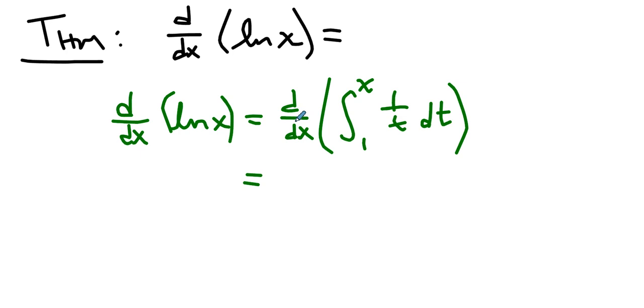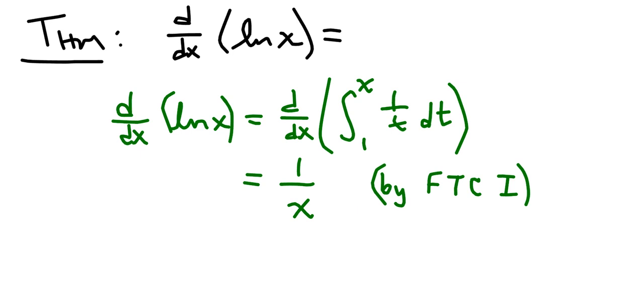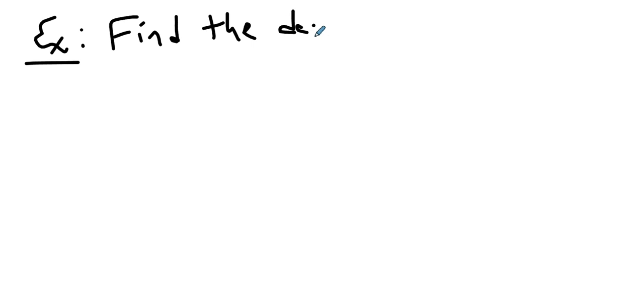How do I take the derivative of an integral from a numbery thing to a lettery thing? Well, it's this with that substituted. And this is by the fundamental theorem of calculus part 1. So the theorem says that the derivative of the natural log function is 1 over x, which enables us to find the derivatives.